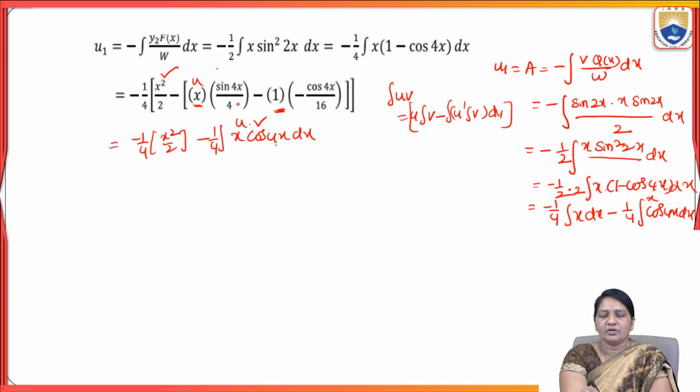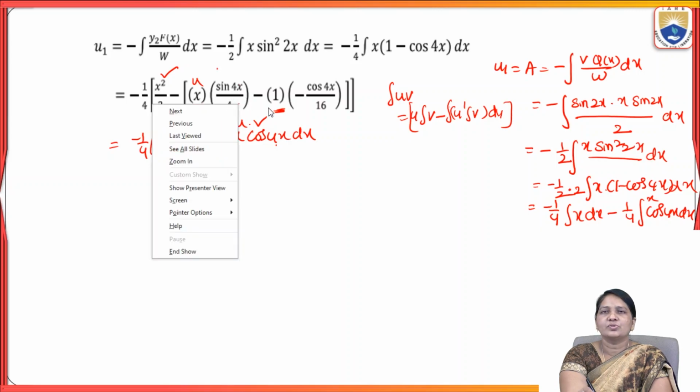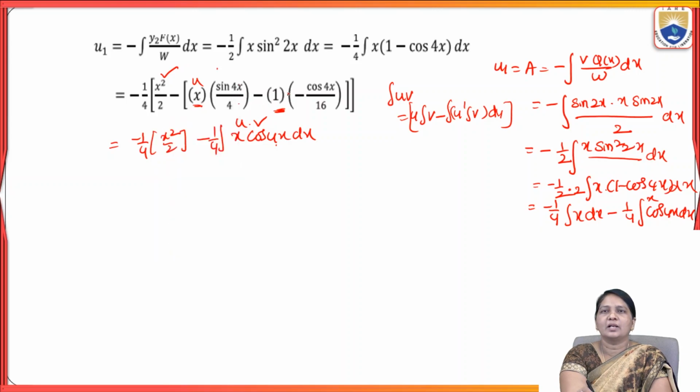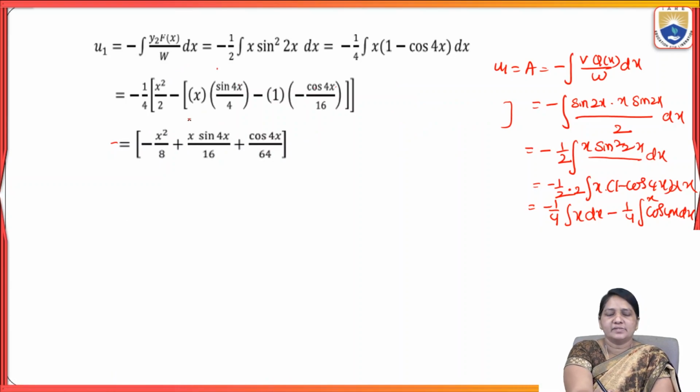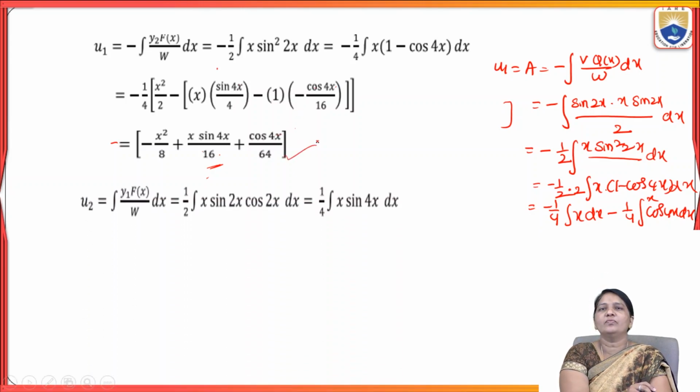So integral again v, that value is integral cos 4x by 4. So finally cos 4x by 16 we got here. So finally we are getting minus x square by 8, here minus minus plus, x sin 4x by 16, and here also cos 4x by 64. This is the value of u1.